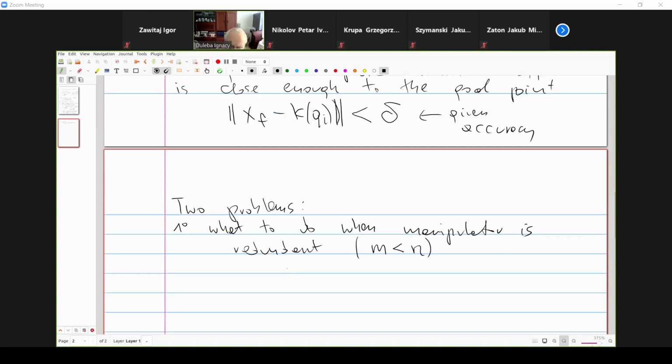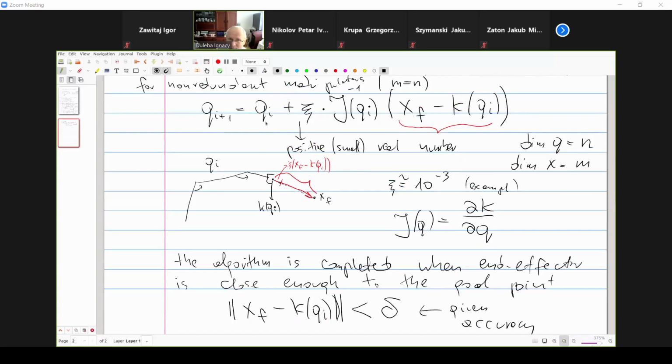And as you know, the Jacobi matrix is a matrix of the size m by n, so number of rows, number of columns. Okay, so as you can see, in this case, the matrix is rectangular, not a square like in the previous case.